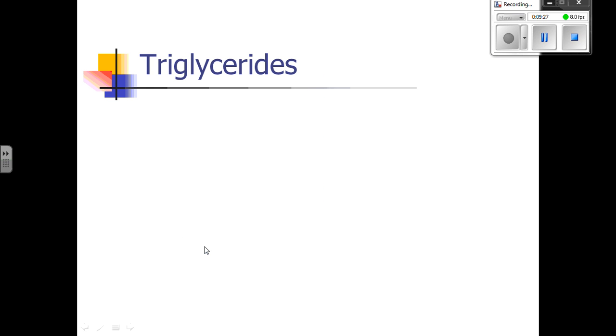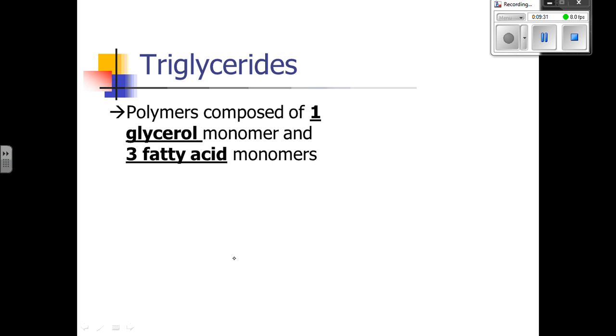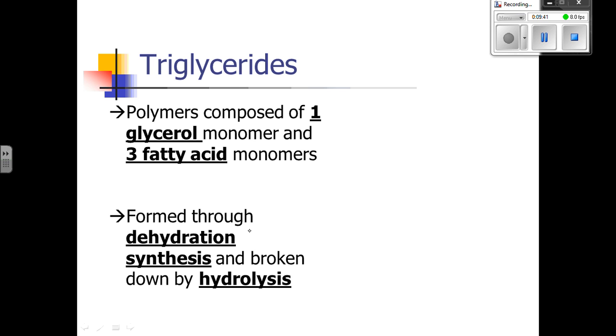Okay, so we were just talking about triglycerides. Triglycerides are polymers that are composed of 1 glycerol monomer and 3 fatty acid monomers. They are formed through dehydration synthesis, and broken down through hydrolysis, which we have talked about in the past.